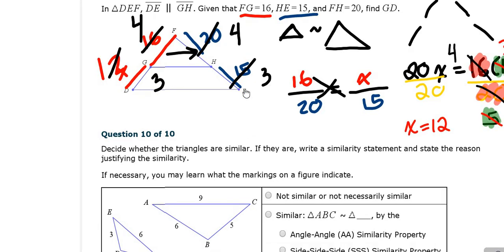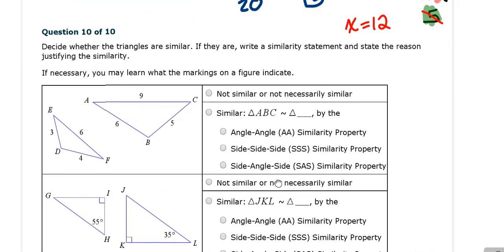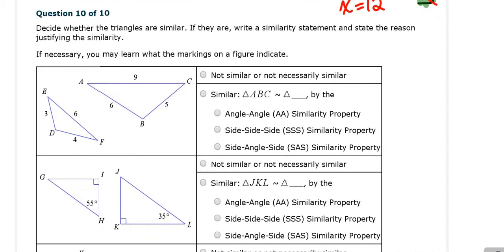We're going to decide whether or not the triangles are similar. If so, state the reason. Let's check. Short. So we have here short is 3, short here is 5. Medium 4, medium 6, long 6, long 9.